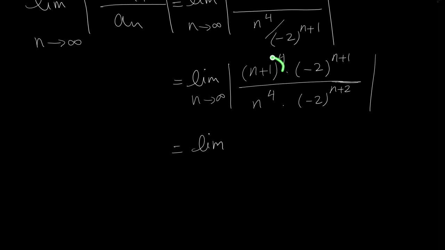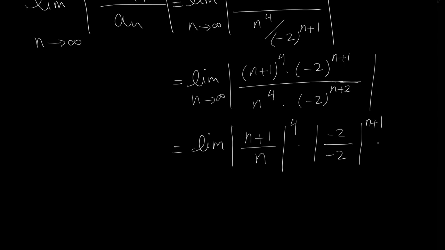And then, because these two terms in the numerator and denominator have the same exponent, you may want to write it as the absolute value of (n+1) over n, to the power 4, and the next one is -2 in the numerator and denominator to the exponent n+1, and there is one more -2 in the denominator as well.